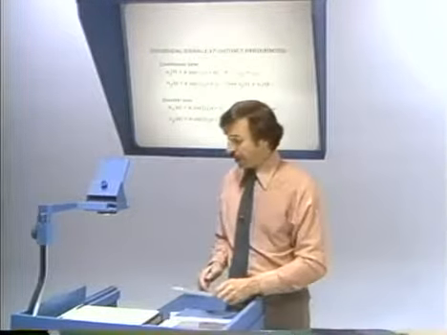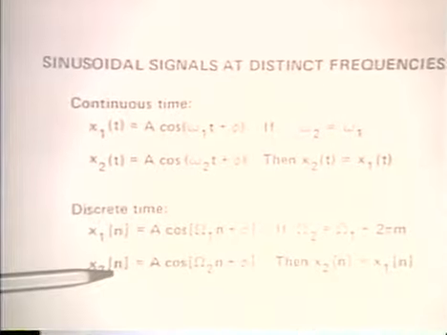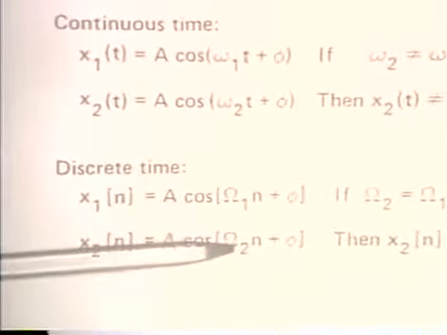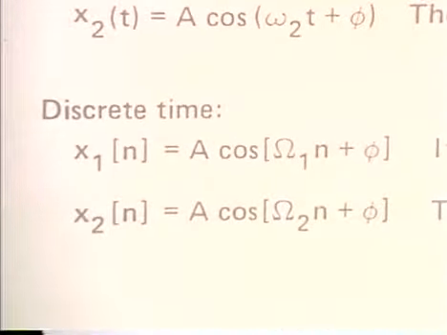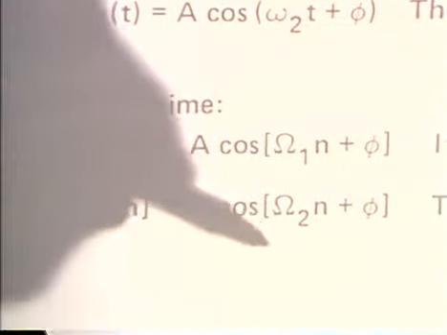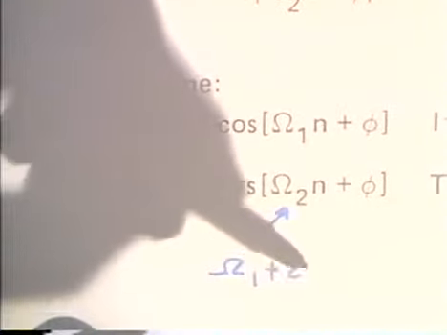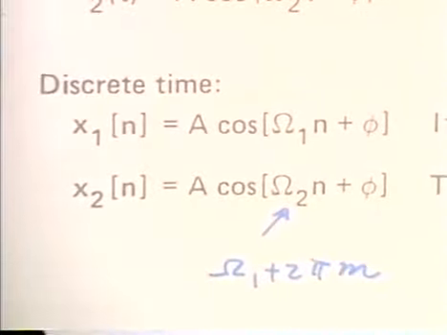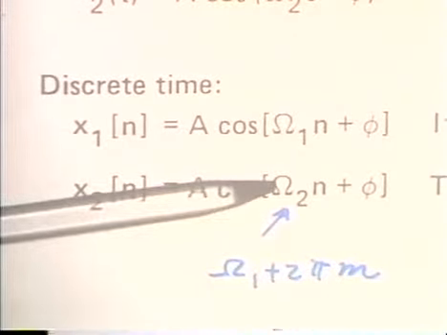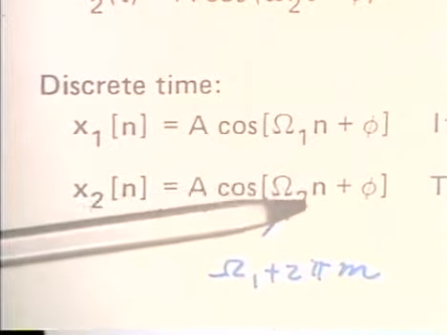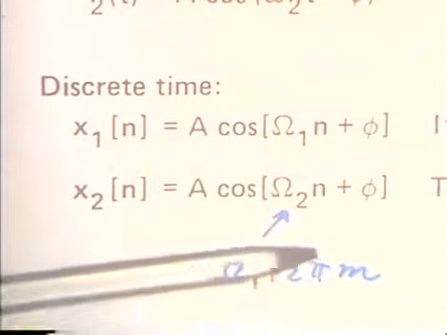The statement that I'm making is that if I have two discrete time sinusoidal signals at two different frequencies, and these frequencies are separated by an integer multiple of 2 pi, namely if omega 2 is equal to omega 1 plus 2 pi times an integer, then when I substitute this into this expression, because n is also an integer, I'll have m times n as an integer multiple of 2 pi.